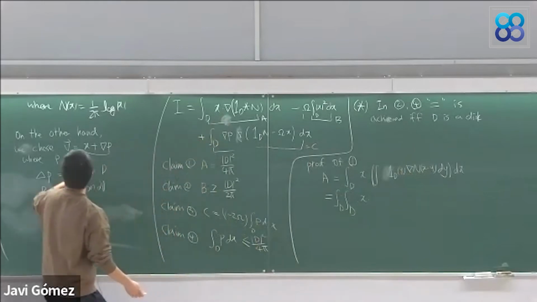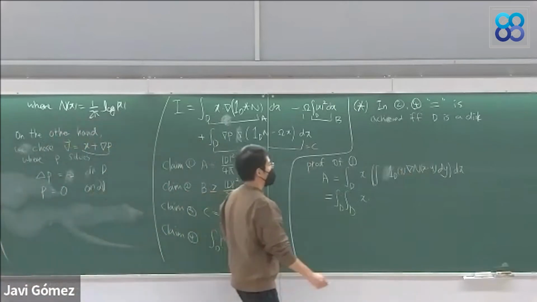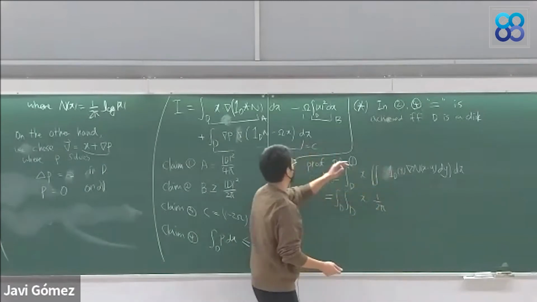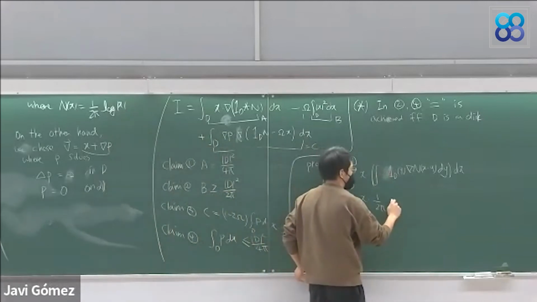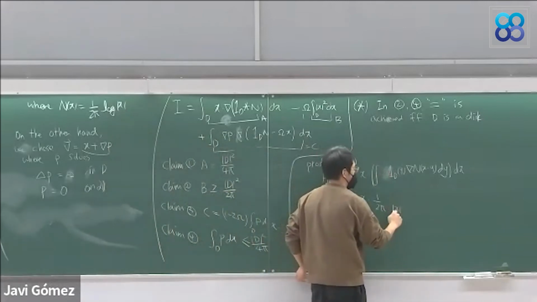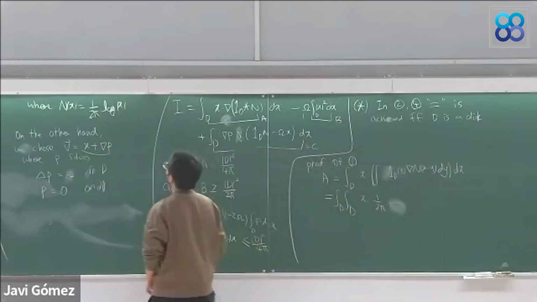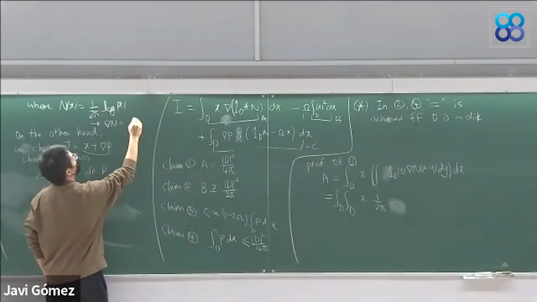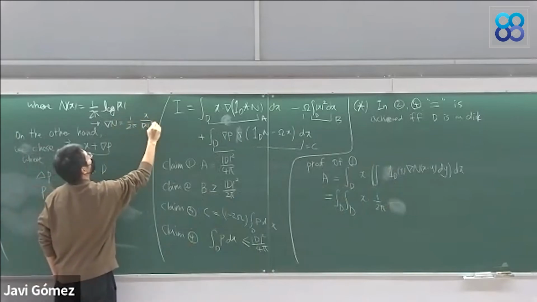Recall that the Newtonian potential is just 1 over 2 pi times log of the magnitude. So the gradient of N is just 1 over 2 pi times x over x squared.